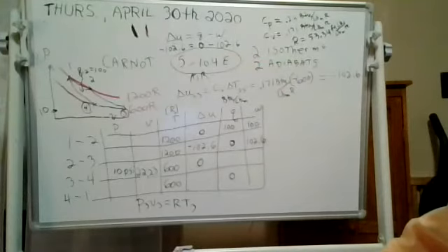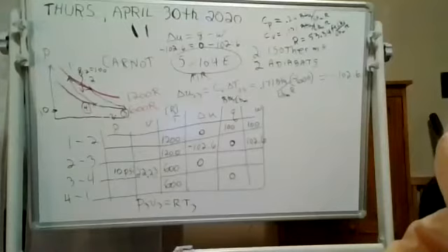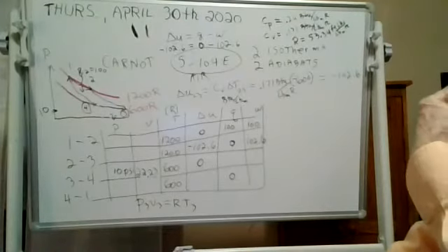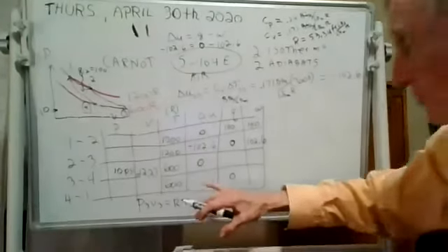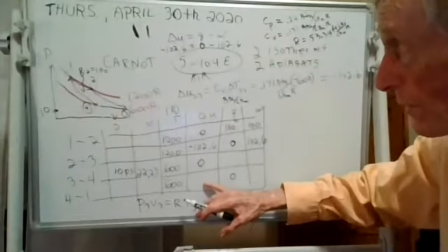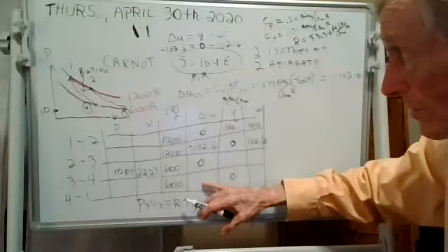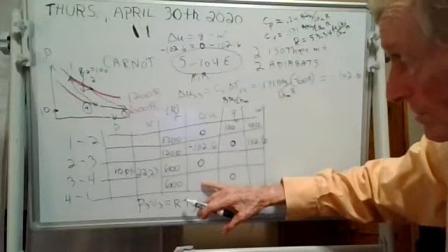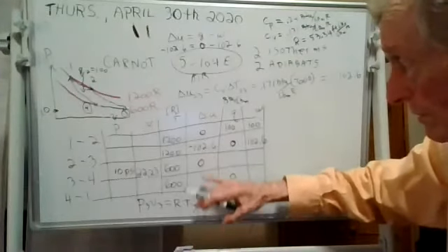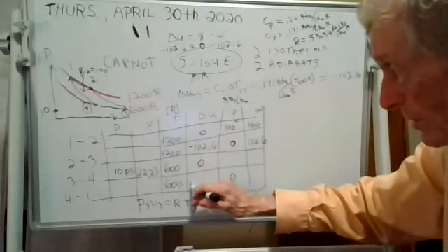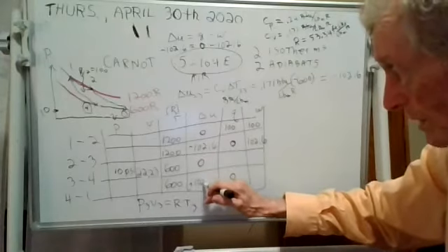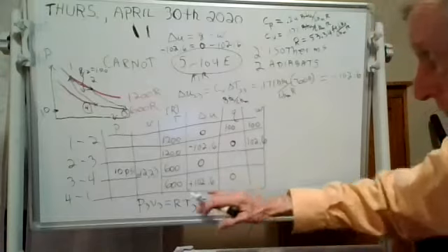Okay. Well, now let's do, what's next here? How about this one? From 4 to 1, you're getting warmer by 600 degrees. Wouldn't it be the same numbers? Wouldn't it be a plus 102.6? We could write it out if you want.